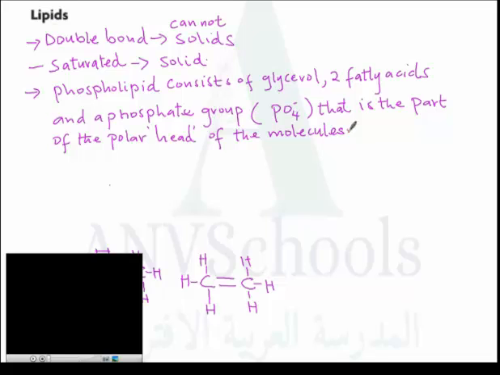Another one that we were to look at is cholesterol. So cholesterol, as we know it, is normally found in eggs and other animal fats. It's a lipid that has a ring structure.